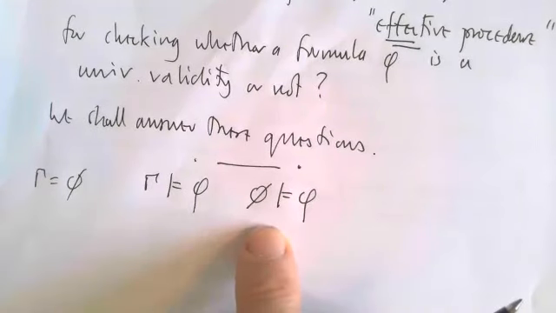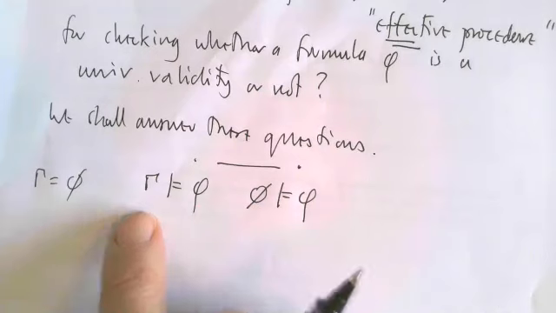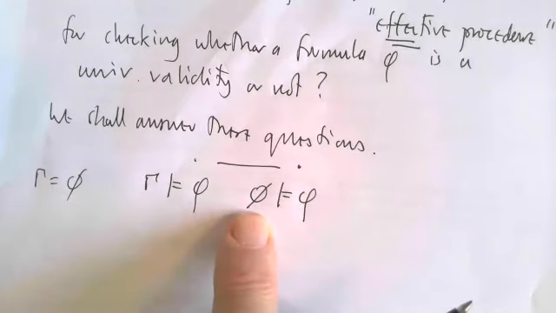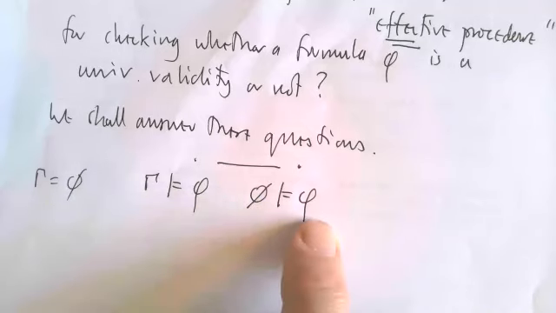What is this saying? Well, actually, there is no condition here because there are no sentences in gamma to worry about. So this would say, for all structures and for all valuations, if they make everything in the empty set true, then they make phi true.